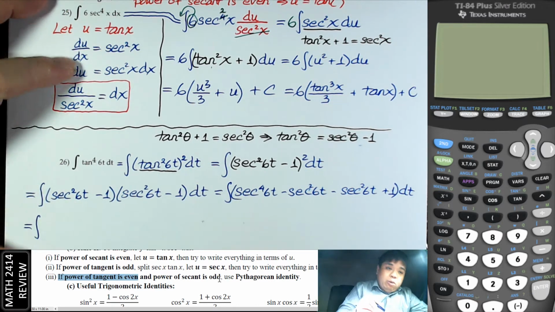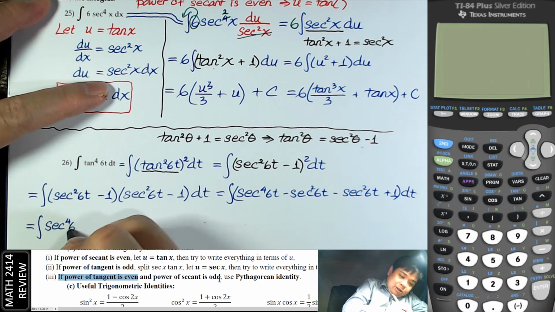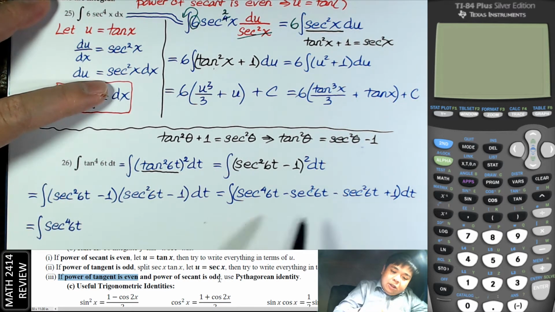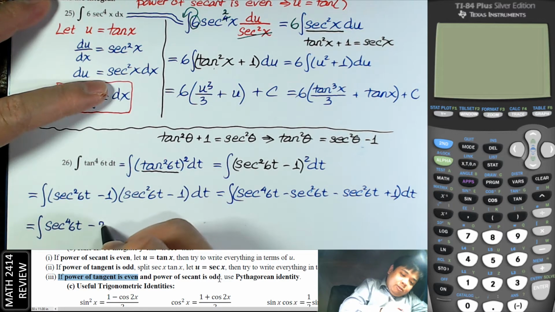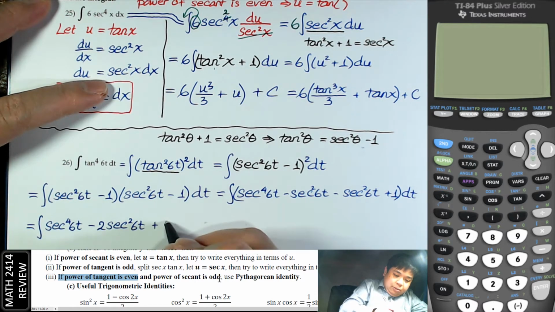So that is secant to the 4th, and then minus 2 secant square, and plus 1.